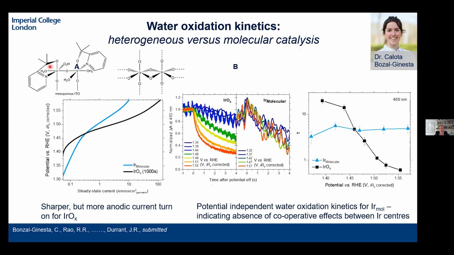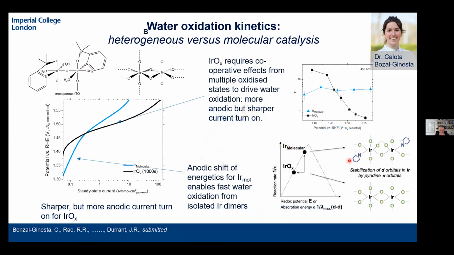But in these molecular dimers, the dimers can't interact because all these big organic ligands around them stop them having any significant interaction. So the dimers have to behave as isolated systems, and therefore the water oxidation is independent of density. And this helps us understand the differences in behavior here.